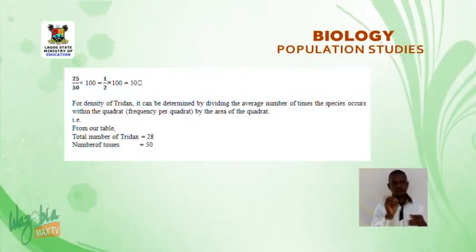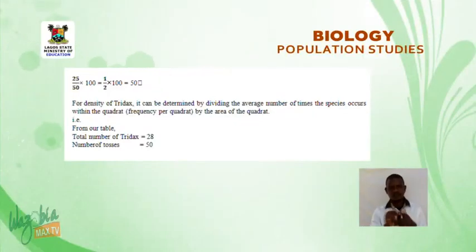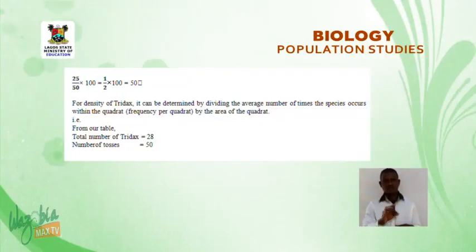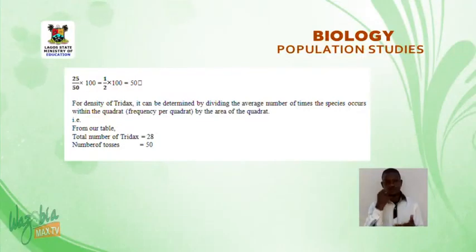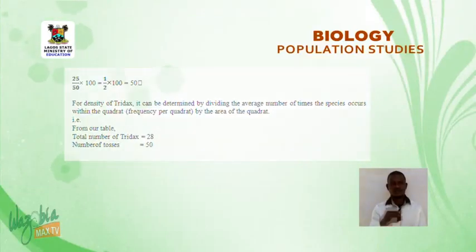Answer equals 50%. The density of Tridax can be determined by dividing the average number of times the species occurs within the quadrat, frequency per quadrat, by the area of the quadrat. That is, from our table, total number of Tridax equals 28. Number of tosses equals 50.